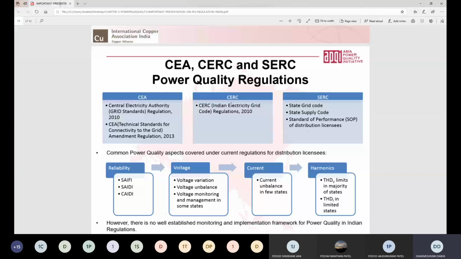This utility also makes the grid code state-wise, taking references from the standards made by CERC, and makes the state supply codes and standards of performance for the distribution licensees. Whatever distribution licenses are provided within the states are distributed by the SERC, the State Electricity Regulatory Commissions.